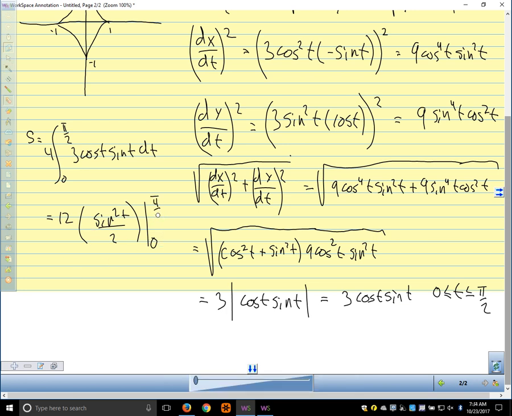And what does it come out to be? Someone said it. 6. Was that a guess? I just said it was 12. But I knew. No, I knew. You knew. Yeah, good. I was right there. I was 6 steps ahead. Because the sine squared of pi over 2 is 1, and sine of 0 is 0, of course. Well done.